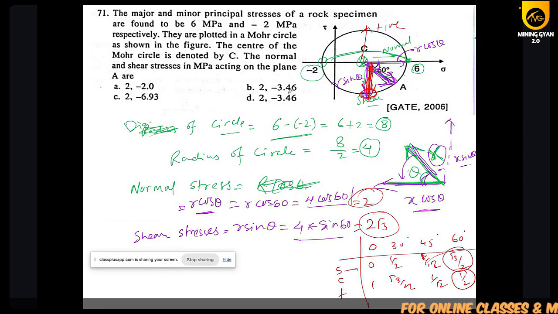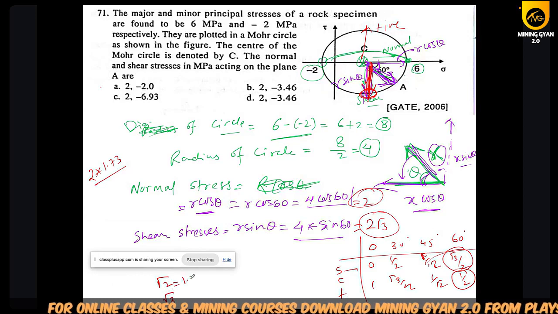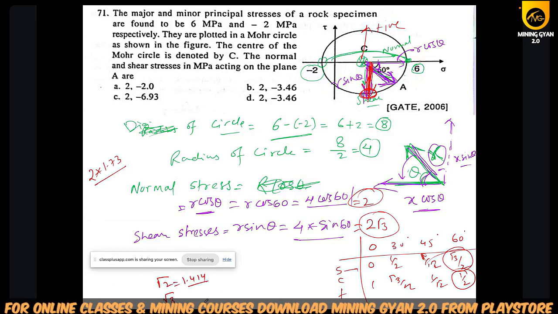So 2 root 3: the value will be 2 into 1.73. Also try to remember the values of root 2 as well as root 3. Root 2 is 1.414 and root 3 is 1.73. Try to remember the values of these roots also.